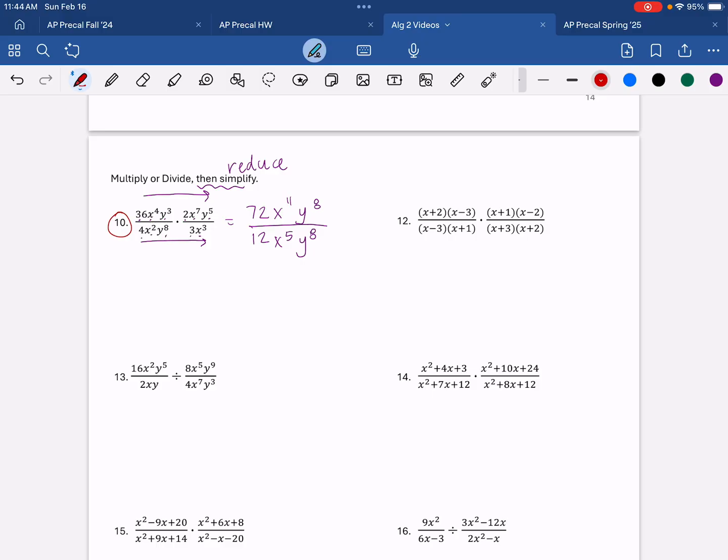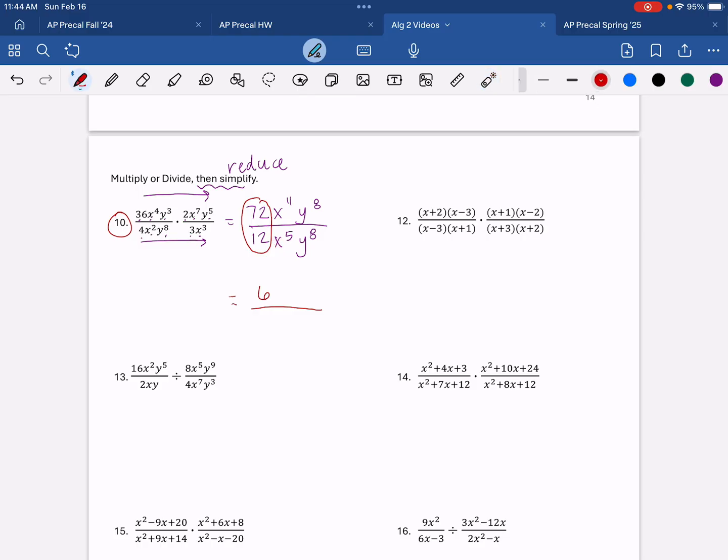So let's go again, part by part. We're going to divide or reduce 72 and 12. They can actually divide and leave us with a 6, which I'm going to write in the numerator. Looks like my x's, there are 11 in the numerator, only 5 in the denominator.